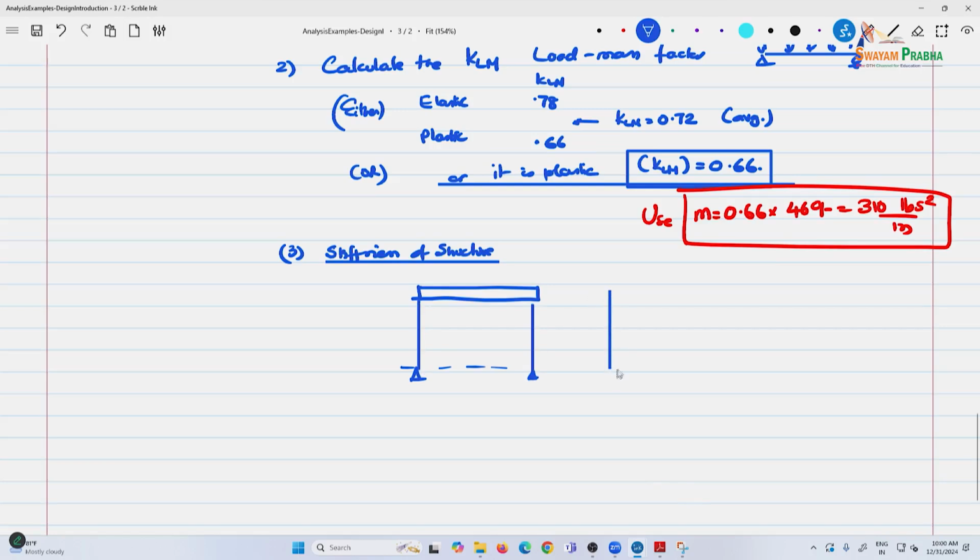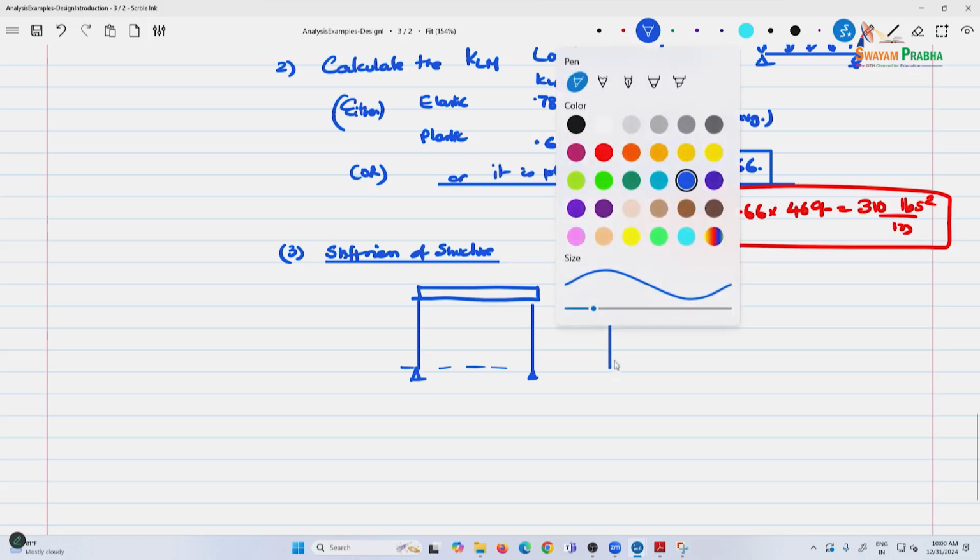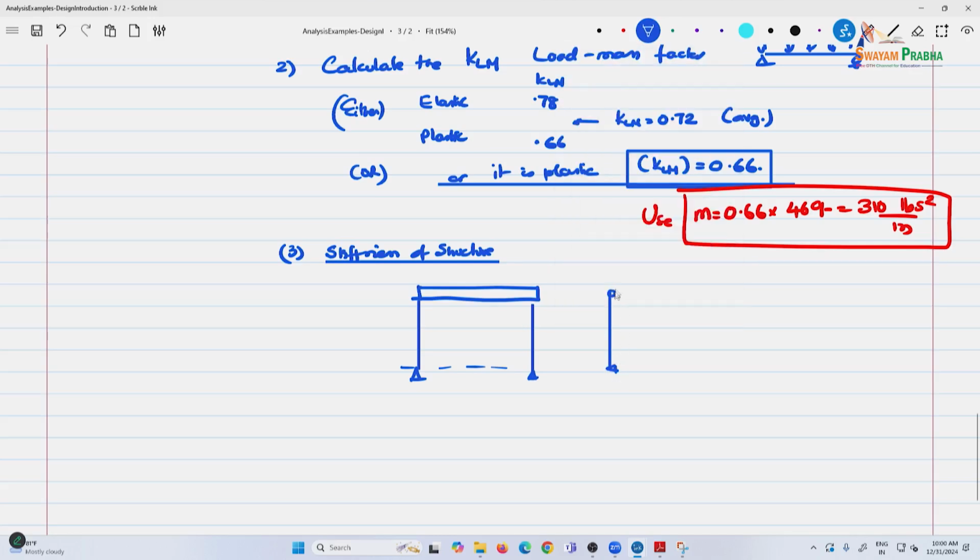You could look at it this way, or then you will have to look at it from this perspective, where you're allowing a little delta. But let's start with a simply supported assumption.